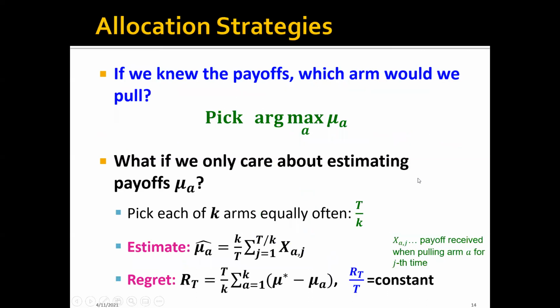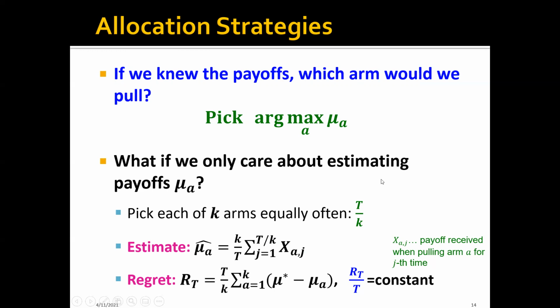So if we already knew the payoff, let's say we already knew all the mu a for different arms, then things would be very easy. You know, which one would we pull? Obviously, we would just choose the arm with the largest mu a, and we'll just keep pulling the arm, right? And that will give us a 0 regret. And this is the best topology. But the problem is, what if in reality, we actually don't know the mu a, right? So this would be more complicated.